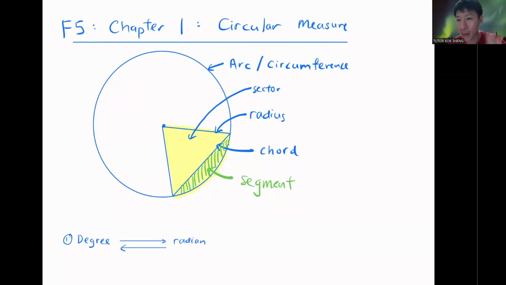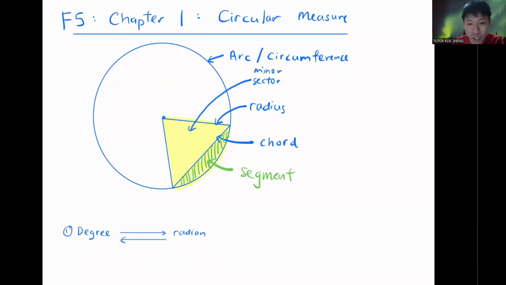This small piece of pizza, only one piece, I call the minor sector. The rest of the part at the back, which looks like Pac-Man, we call the major sector. Big and small, major and minor. These two should be okay.